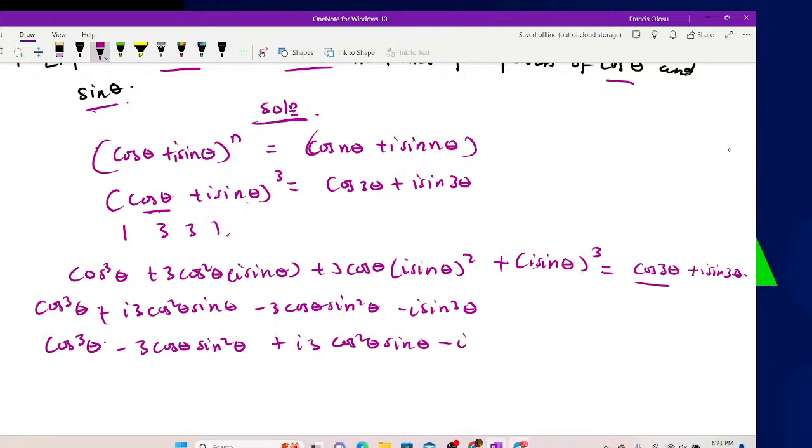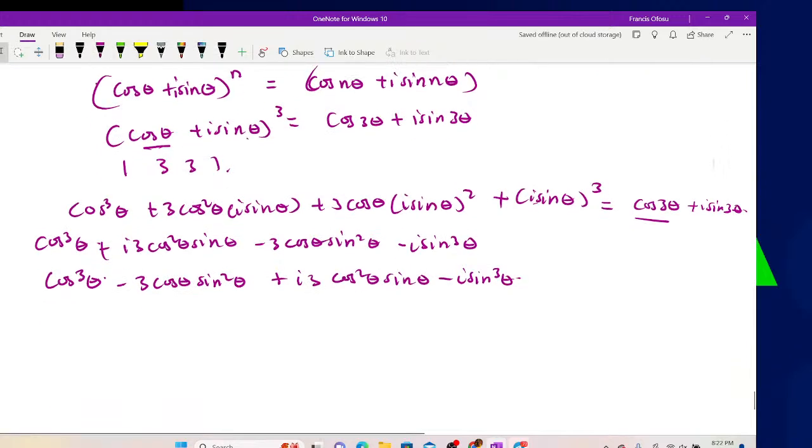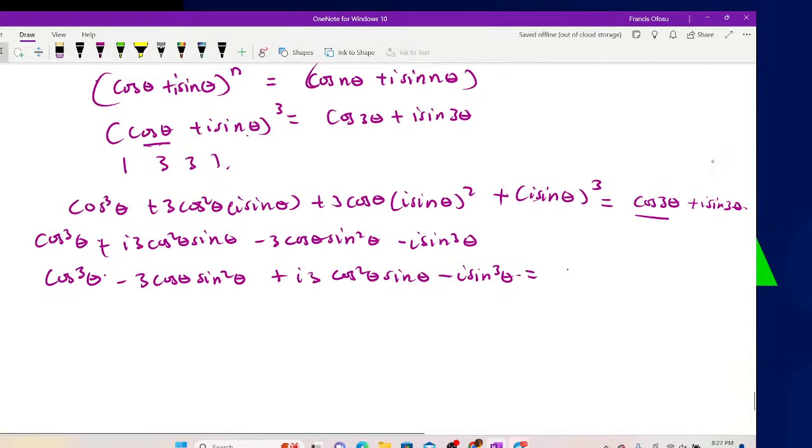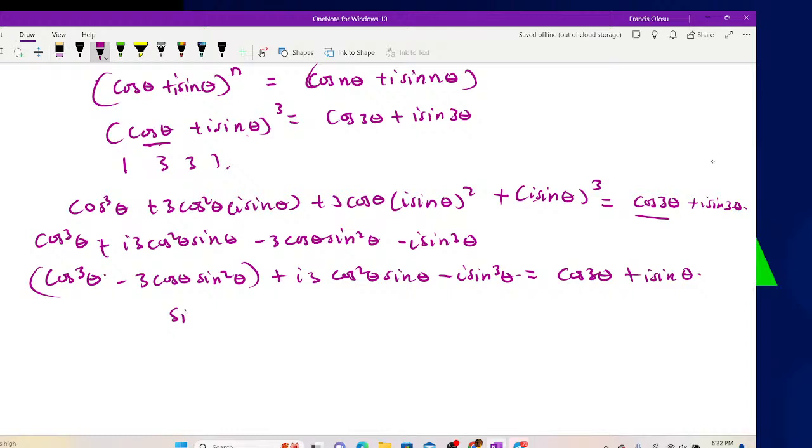Then minus i sin³θ. At this point, everything I have here is still equal to cos 3θ plus i sin 3θ, right? So you can clearly see that I have separated this into real parts and complex parts. But before I continue, I need to change the squared terms in it. You know sin²θ is equal to 1 minus cos²θ from the trig identity.